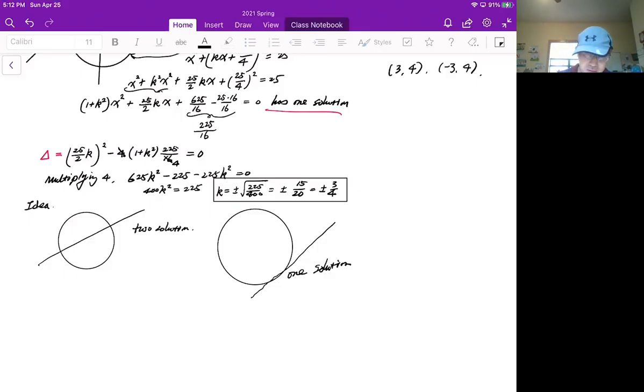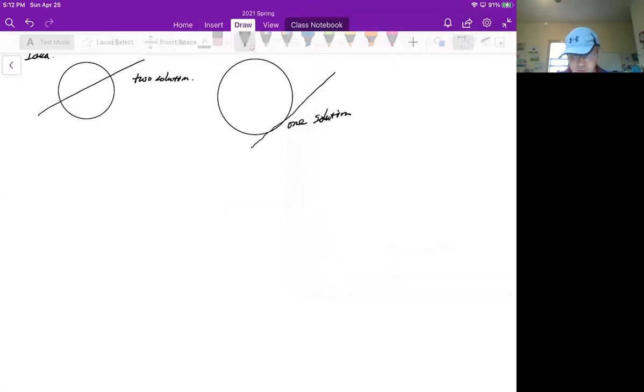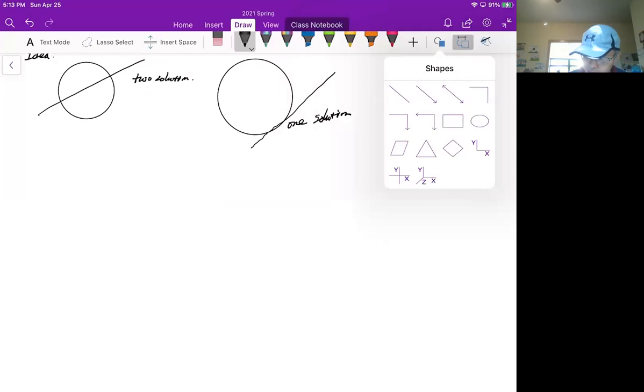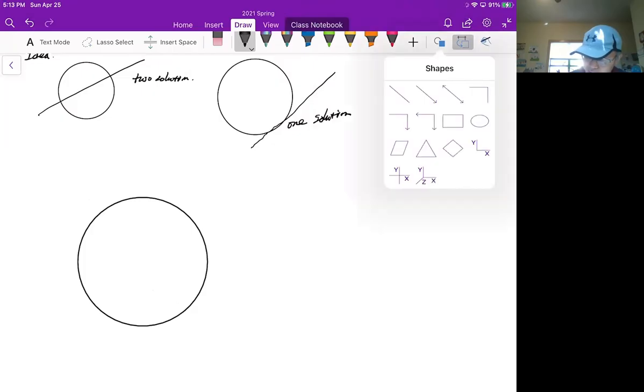So I'm going to give you one more example from a geometry point of view. We know this problem from some time ago, right? So let me just show the picture here.